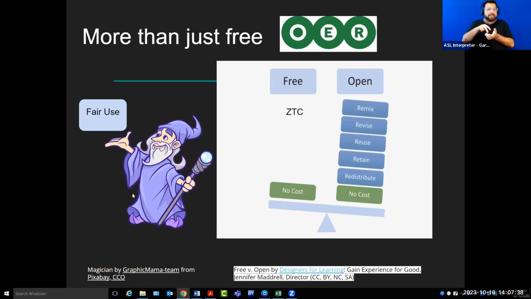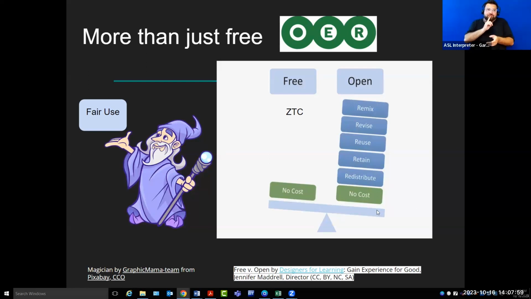And then we have fair use. And when we're talking about fair use, we don't really like to talk too much about that in OER circles. It's really something that doesn't really exist if you're trying to be legal, if you want to legally use something.